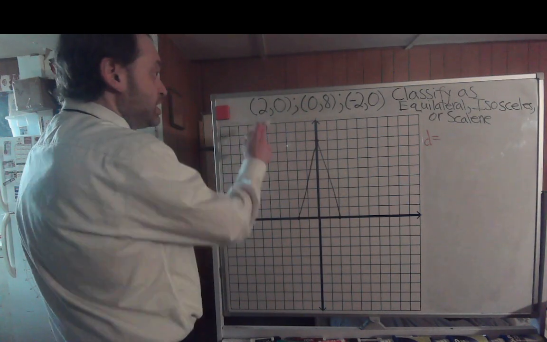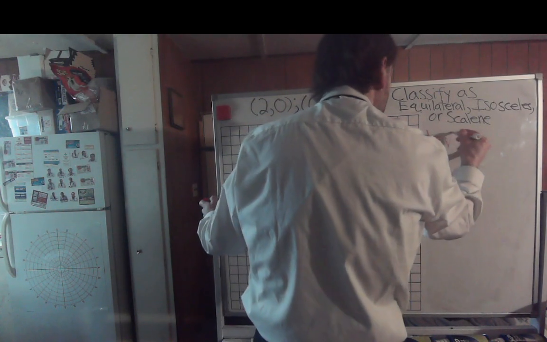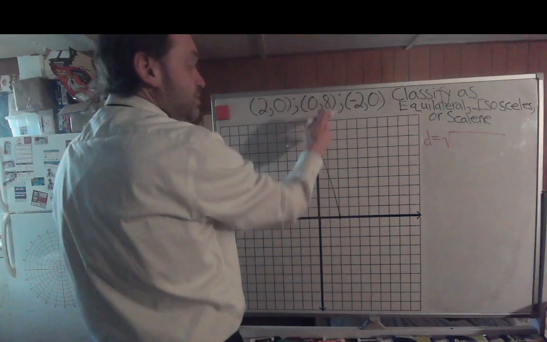So let's find the distance between negative 2, 0 and 0, 8.